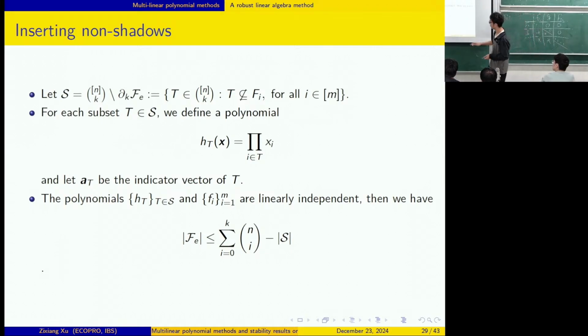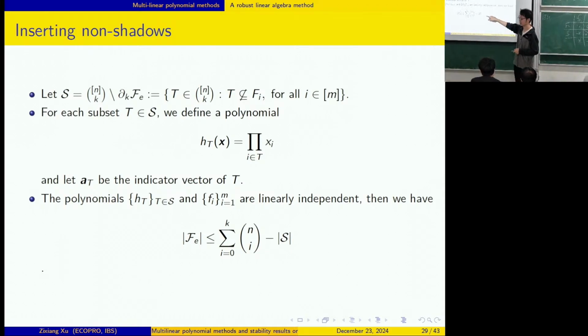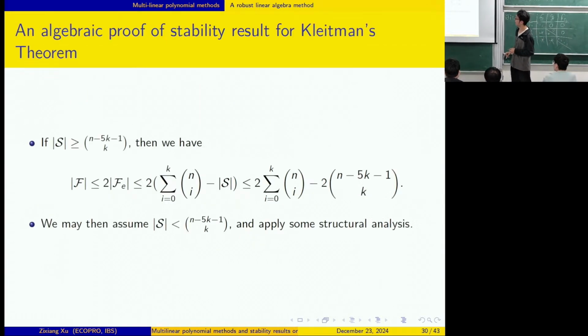Then we can obtain this form, and later we just need to analyze the size of the shadow and the non-shadow. Suppose the non-shadow is large, then we are done. Suppose the non-shadow is small, then the shadow is large.